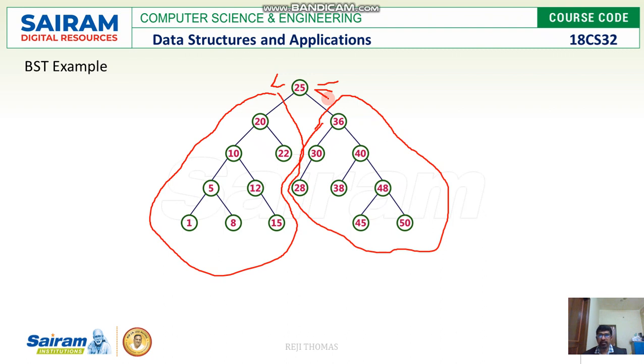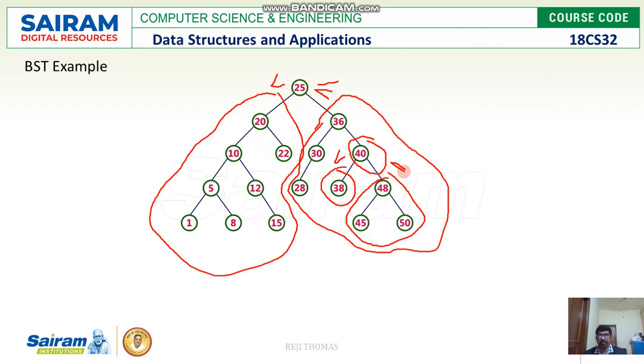Let us take another node, 40, as the given node. Its left subtree has a single node, 38, which is lesser than it, and all the elements in the right subtree are greater than it.